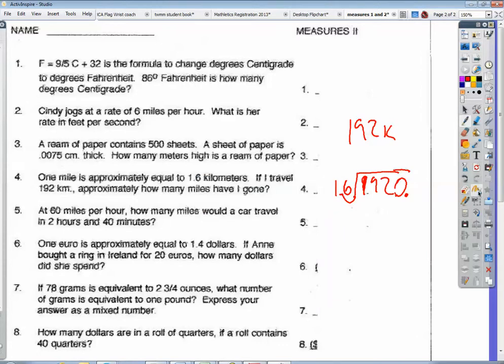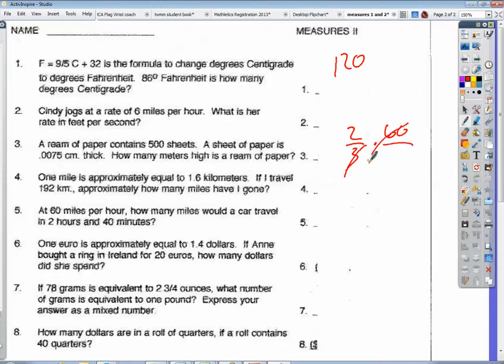All right, number 5, at 60 miles per hour, how many miles would a car travel in 2 hours, 40 minutes? So the 2 hours is obviously going to be 120 miles, right? 40 minutes is actually 2/3 of an hour. So 2/3 times 60, reduce first, is going to be 40 miles.